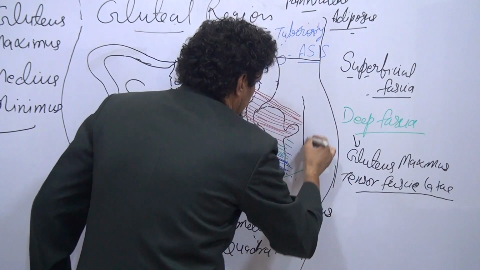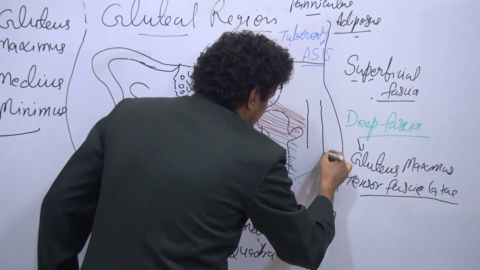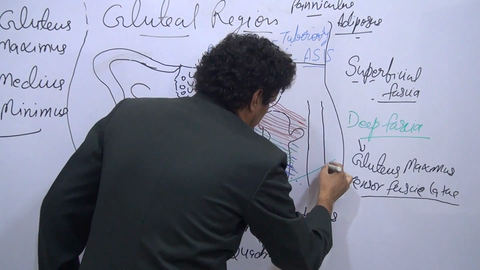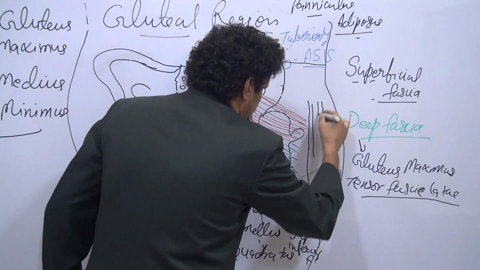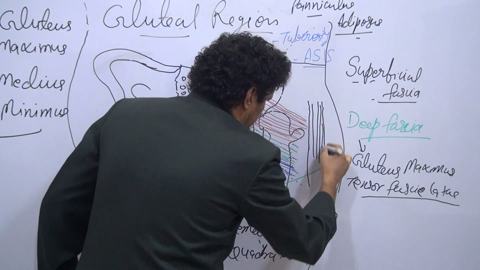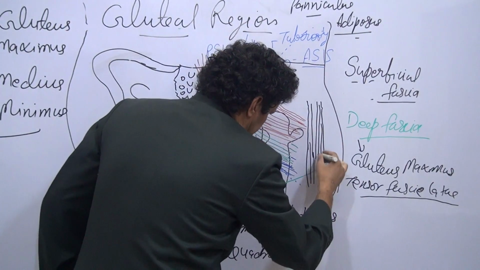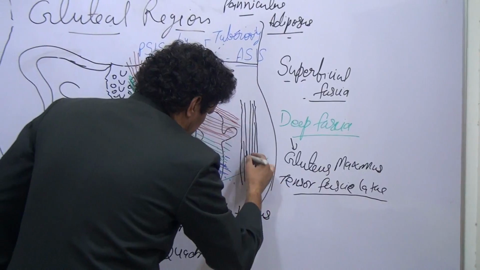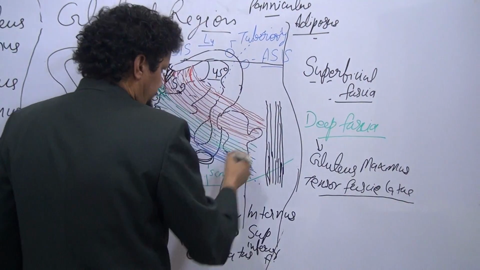Here is the iliotibial tract, which is a modification of the fascia lata, the deep fascia of the thigh.